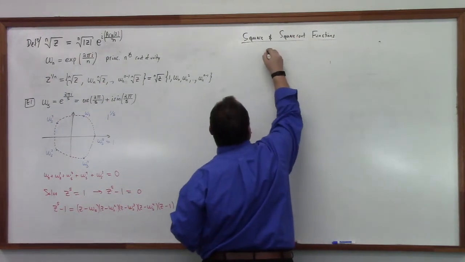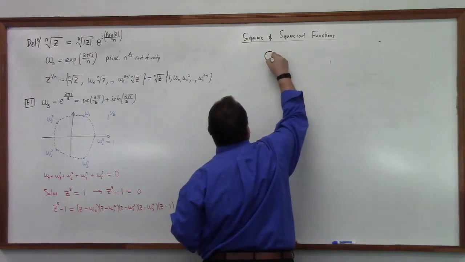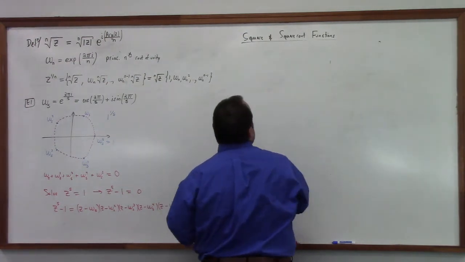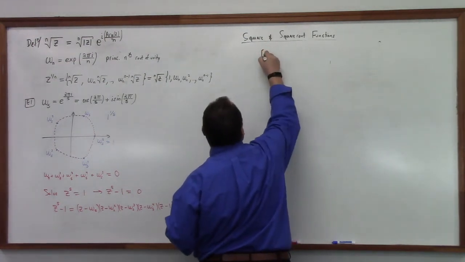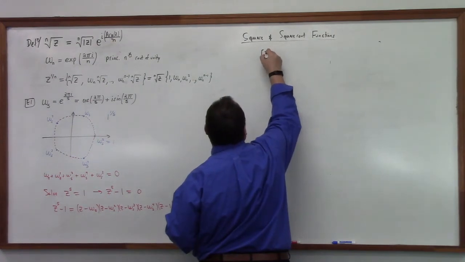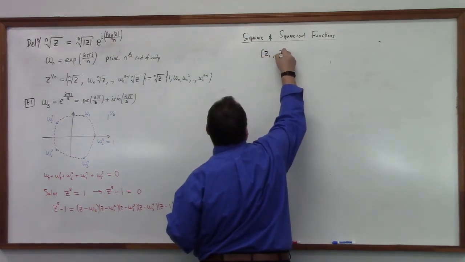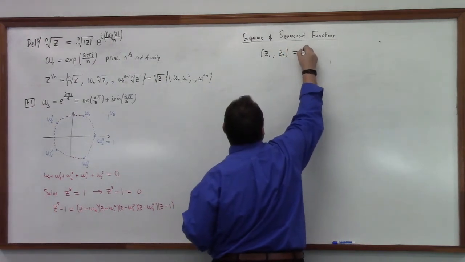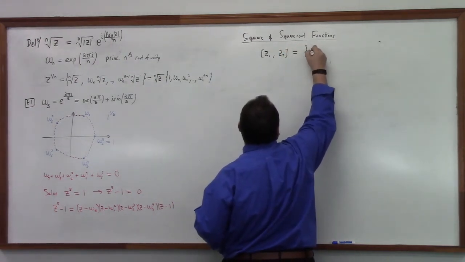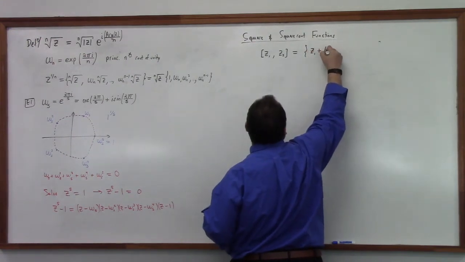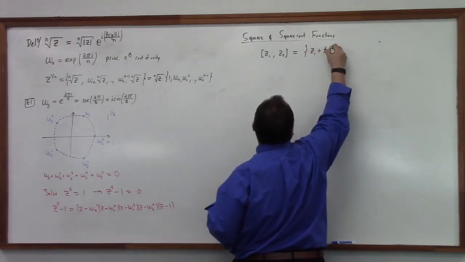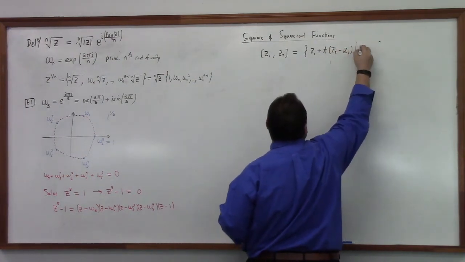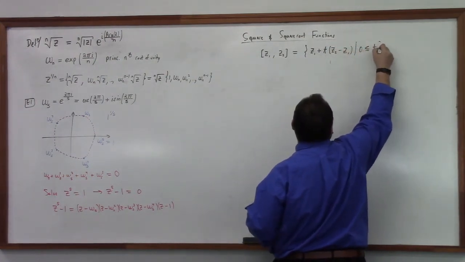So we need to define a couple things. The first thing I should define before I even define this is that in the complex plane, we'll use the following notation. If we've got z1 comma z2 like this, what this means is the set z1 plus t times (z2 minus z1) such that 0 is less than or equal to t is less than or equal to 1.